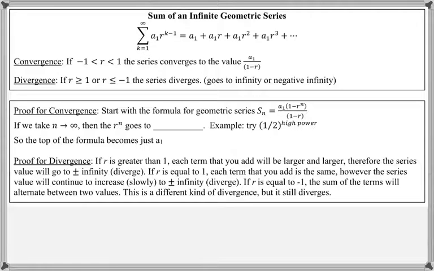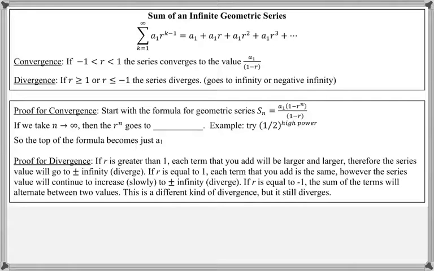So there's two possible outcomes for an infinite geometric series. It can either converge or diverge. If it converges, that means it's converging to a specific value. So even though you're adding up an infinite amount of terms, it's still going to just a specific value. This is kind of a similar concept to an asymptote.